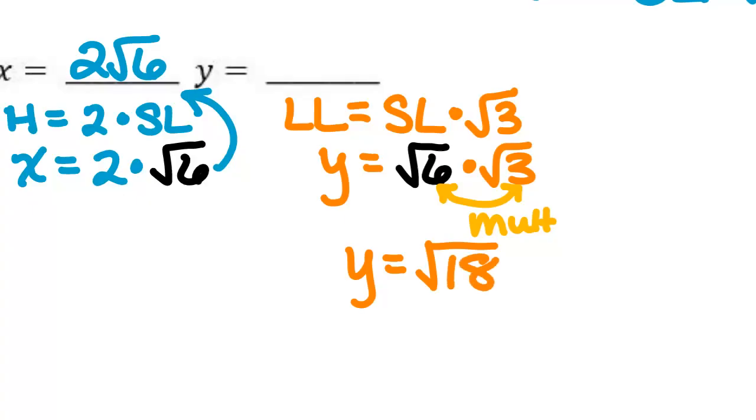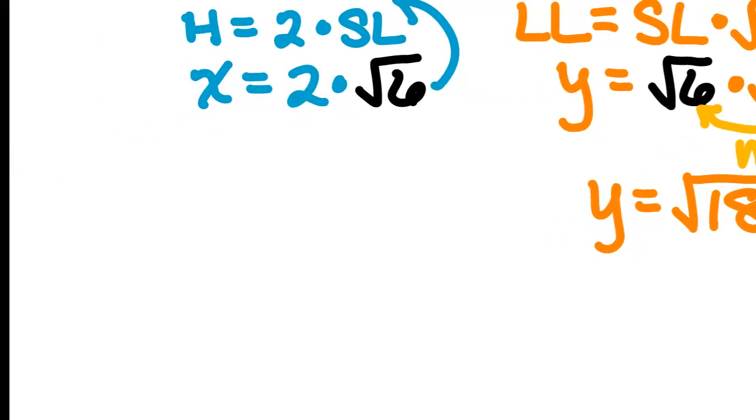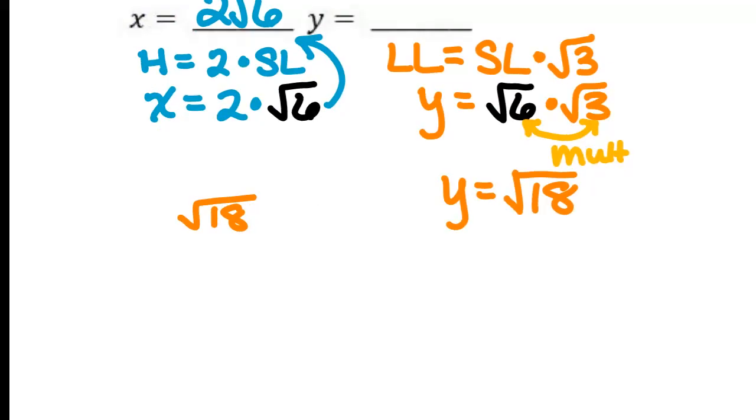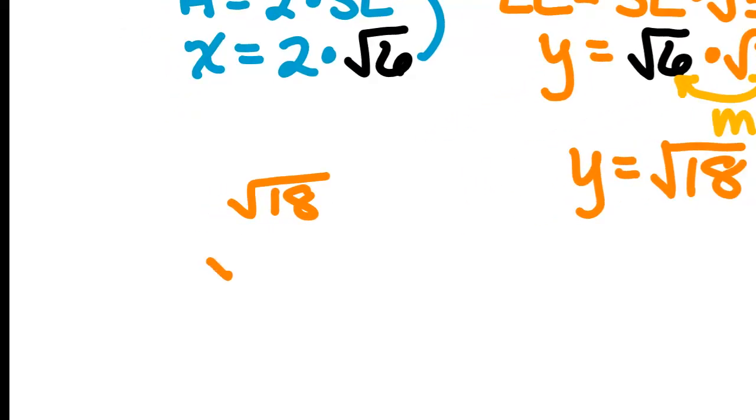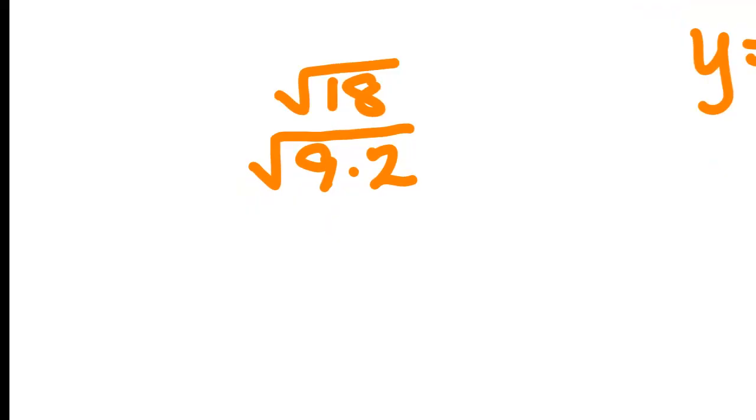And now I have to see if I can simplify that square root of 18 at all. So I have to see if I can break that down. What things multiply to give you 18? 9 and 2. So that'd be the same as 9 times 2. Can we break down either of those numbers more, the 9 or the 2? Is there anything that goes into 9? 3. 3 times 3 gives me 9.